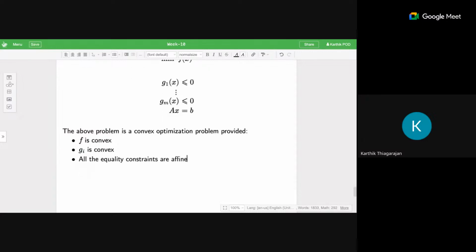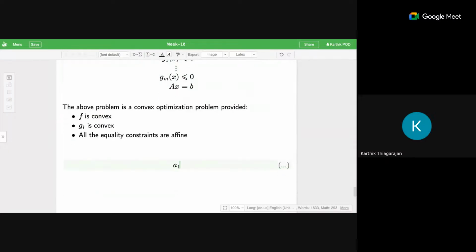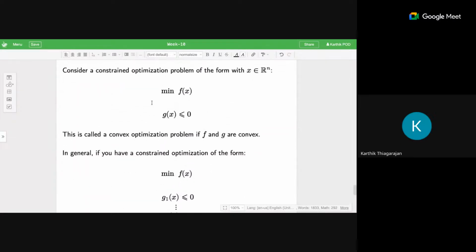Each equality constraint will be something of the form a1x1 plus a2x2 plus dot dot dot plus anxn equal to some b. This is a convex optimization problem in general, but for this session we'll concern ourselves only with the form where you have a convex objective function and convex inequality constraint.